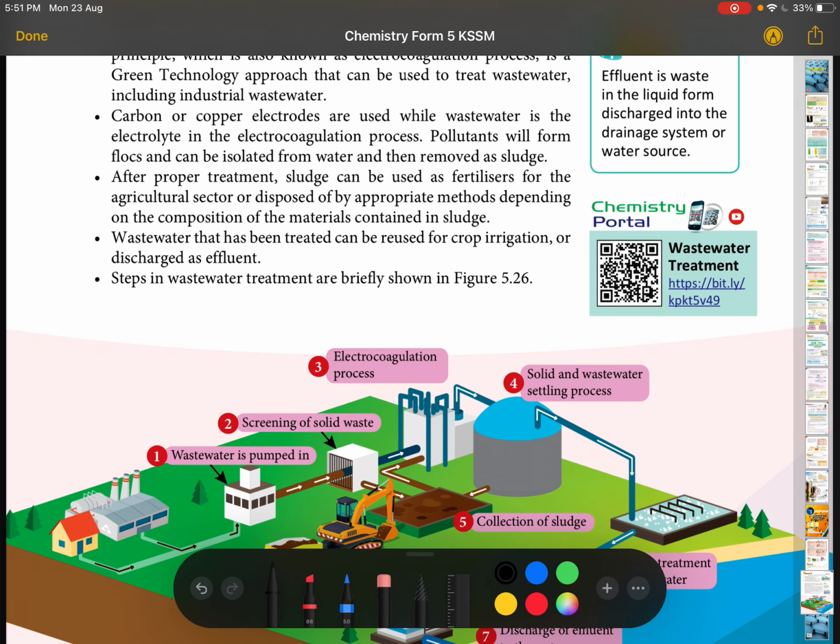I forgot what it's really called, but you remove the solid waste, and I think it's called filtering, and then you bring it into the electrocoagulation tube or chamber, and it is electro, so it contains electrodes. It has carbon electrodes or copper electrodes. There's electrodes, and the wastewater becomes electrolyte.